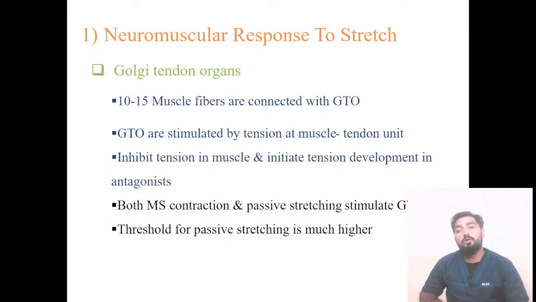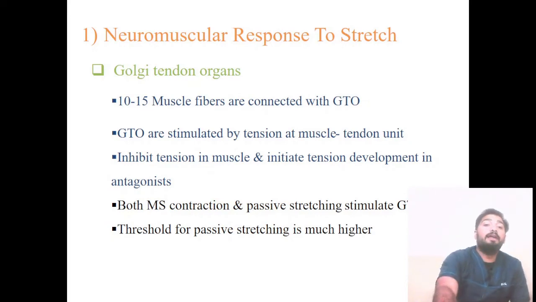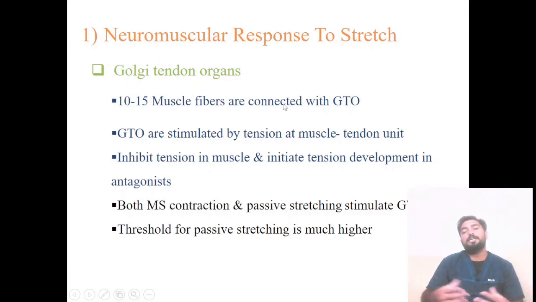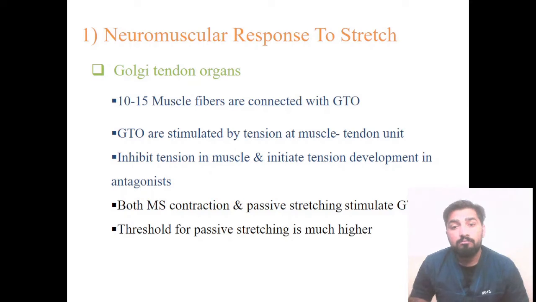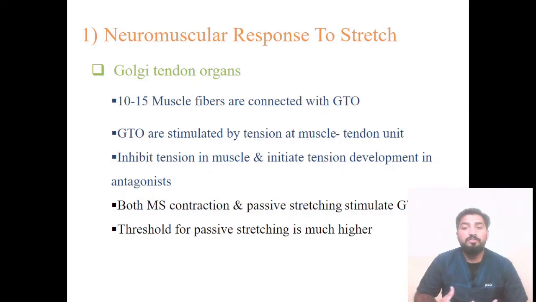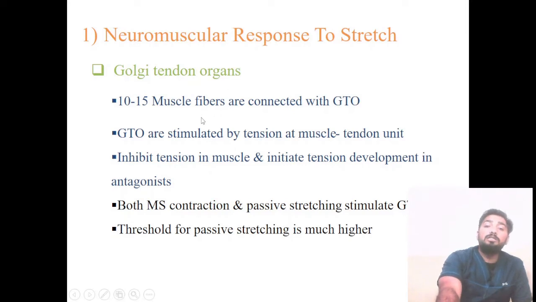So neuromuscular response to stretch, what do the Golgi tendon organs do? There are 10 to 15 muscle fibers connected with a GTO. Golgi tendon organ is, you can say, a receptor for the tension in the muscle. GTOs are stimulated by the tension at a musculotendinous unit. They inhibit tension in a muscle and initiate tension development in the antagonist.